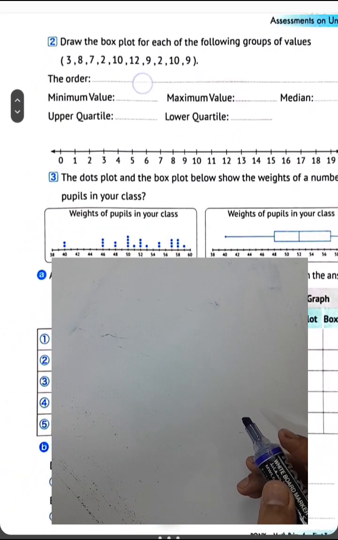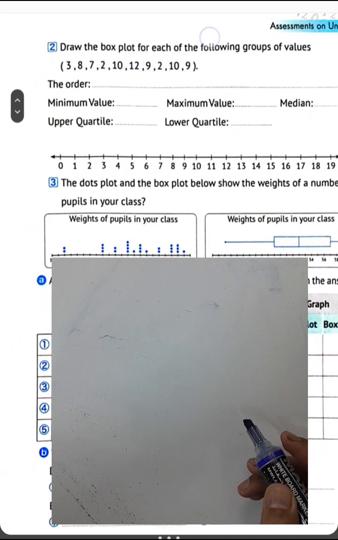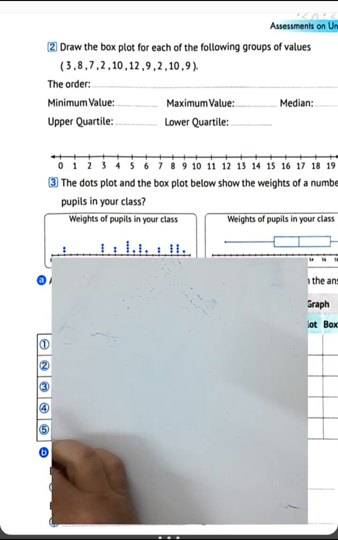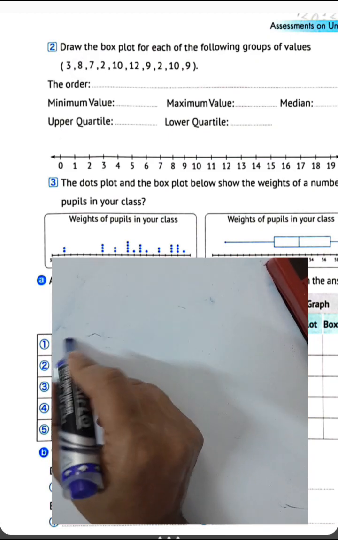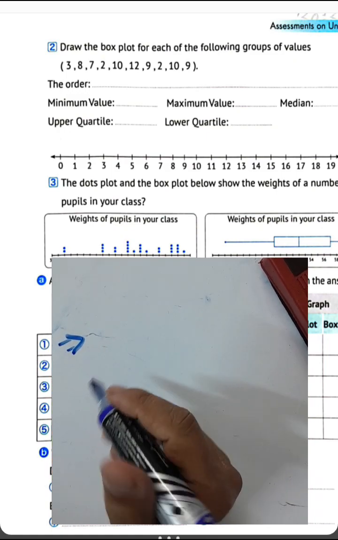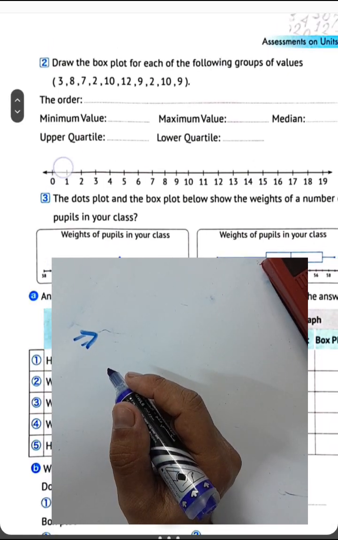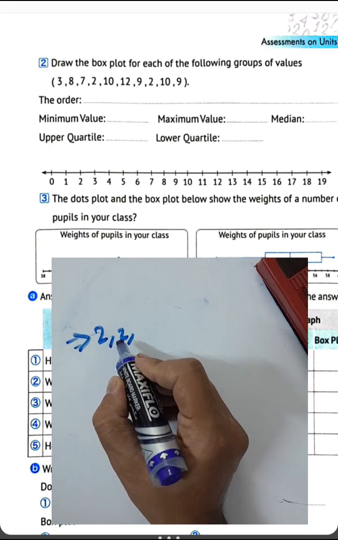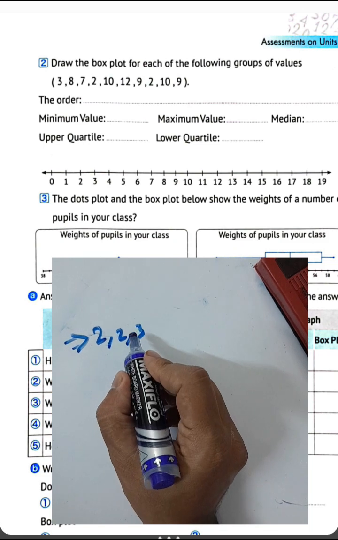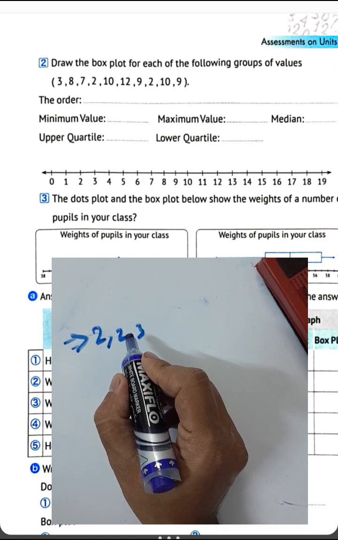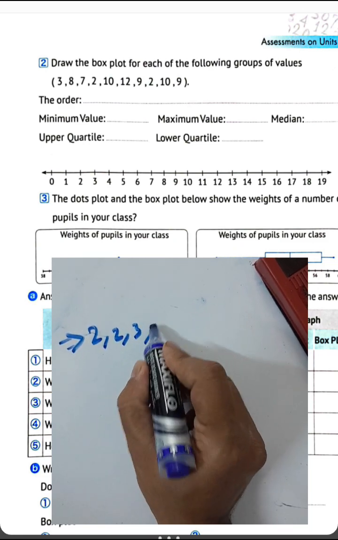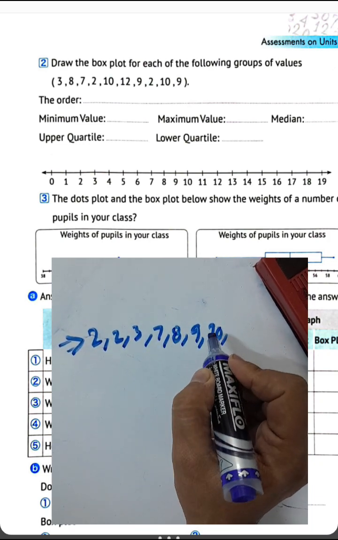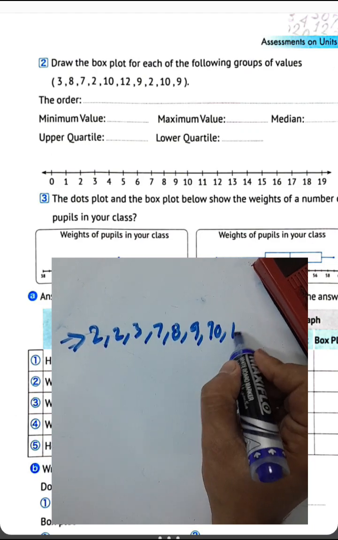Question number 2. Draw the box plot for each of the following sets of values here. First, we must write the order. We have 3, 2 and 7. First write 2 and 2 again and 3, 4, 5, 6, 7, 8, 9, 10, 10 again.